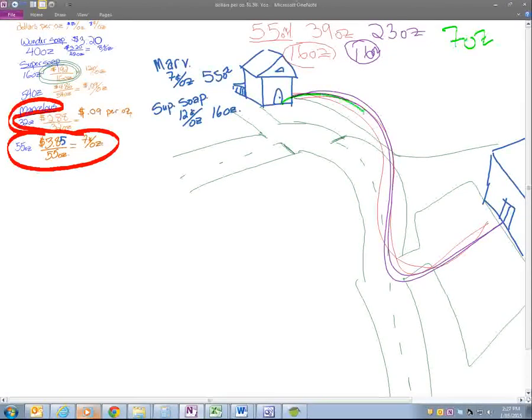So they went 3 trips to the store. They paid more per ounce, and they bought the smaller thing, so they're spending that much more money. That's why it's a good idea to buy in bulk with something that won't go bad. Laundry detergent won't go bad. All right? See how that works? See how it's smart? It saves money.